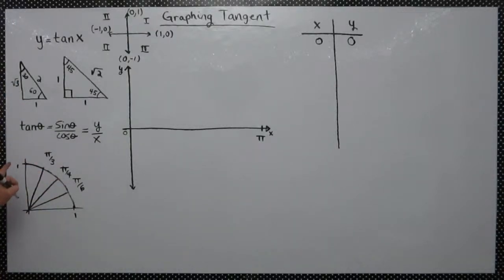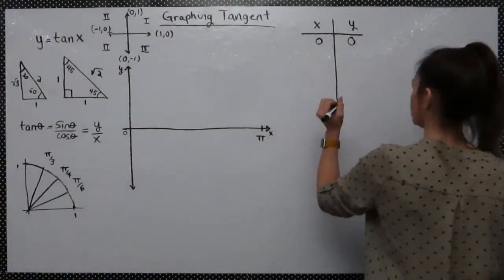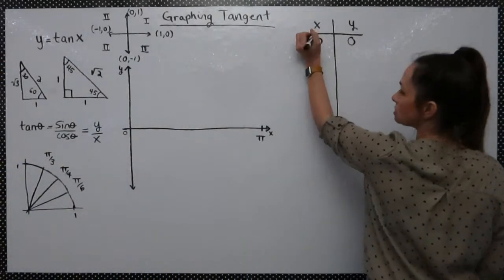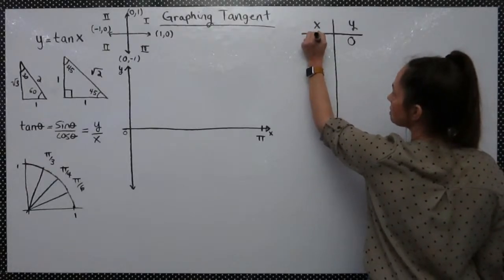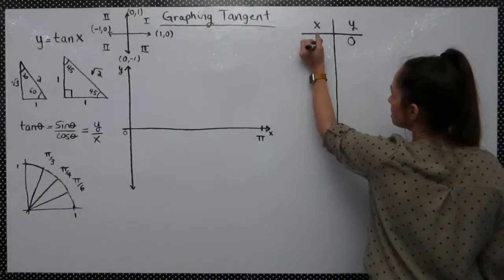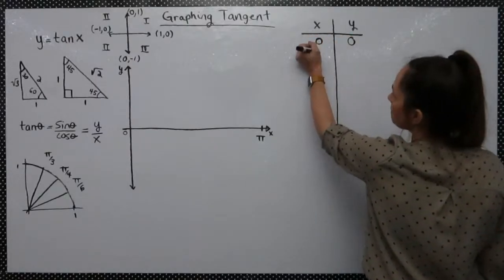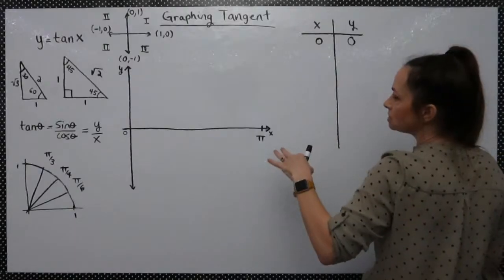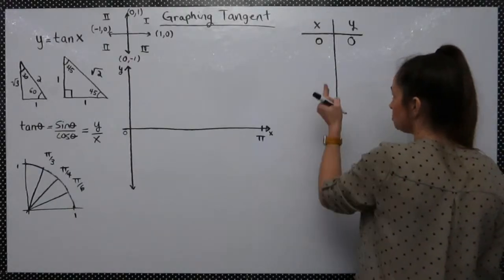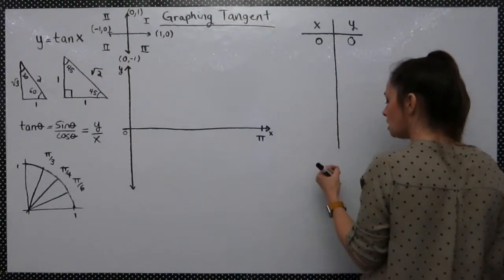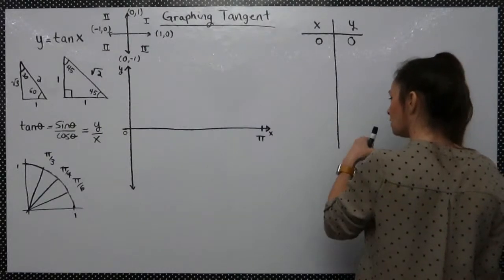So until we get to pi over 2, what I want to do is list all of my inputs first, because that's the way the independent variable works. X is always independent. Y depends on whatever X is. So the game in graphing any function, even if it's the most simple or the most complex, is you pick values for your independent variable, and then you plug in and figure out what your dependent is.